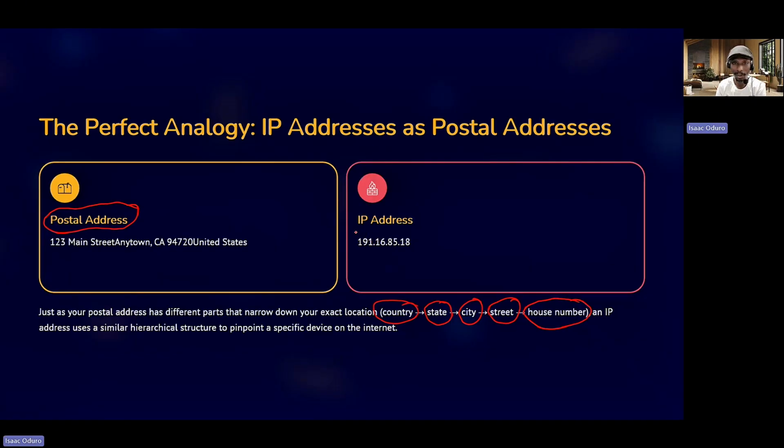As I said earlier on, the IP address can be divided into two. It has two parts. This is the network part, and this is the host, or the device that is connecting to the network.